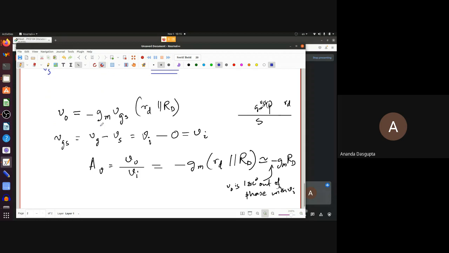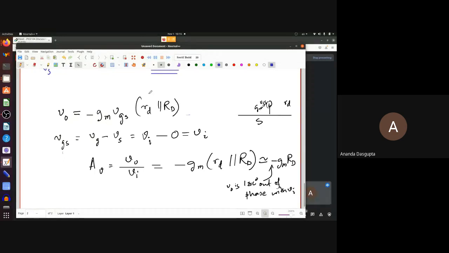Now, of course, there is an input voltage, no voltage source connected to the output. So this GMVGS drives the current through this parallel combination. So this is the voltage drop, but you have to be careful about the sign. You get a minus sign. And since VGS equals VI, VO by VI just works out to be this.